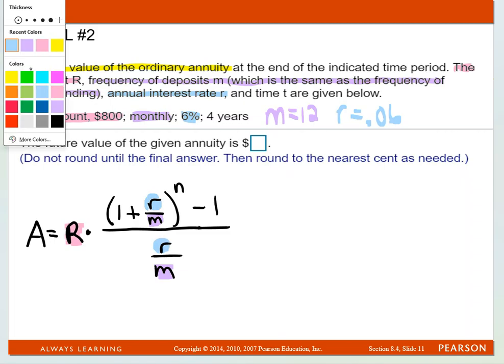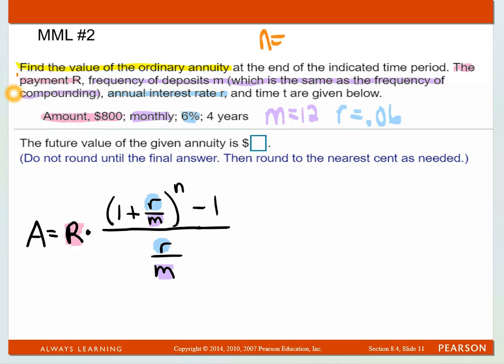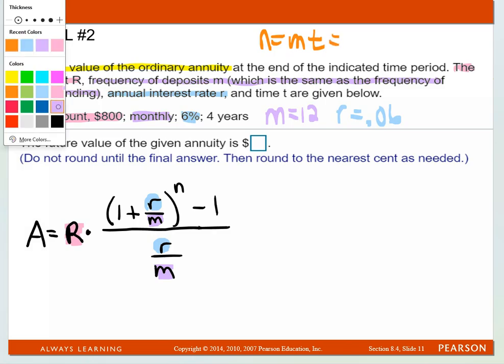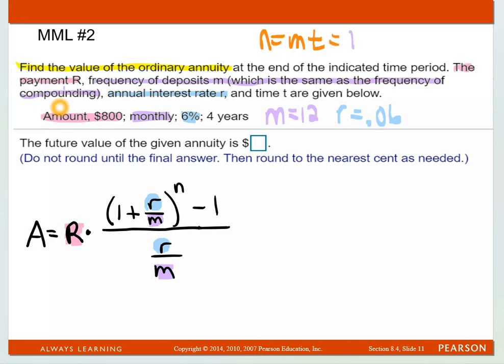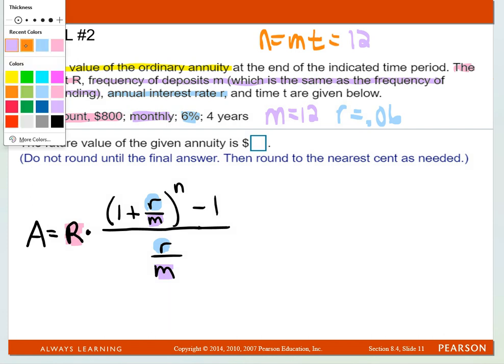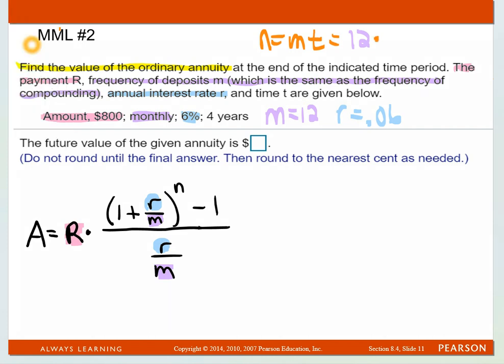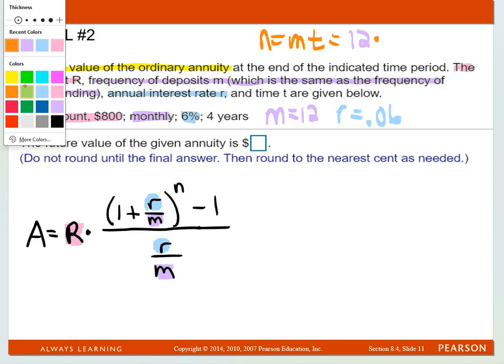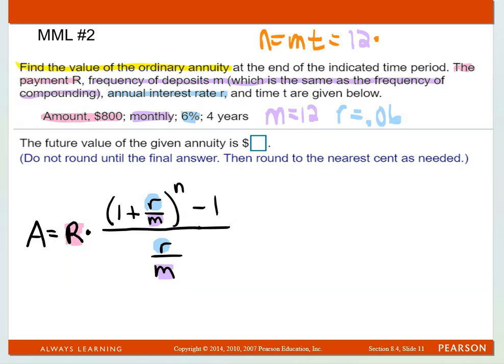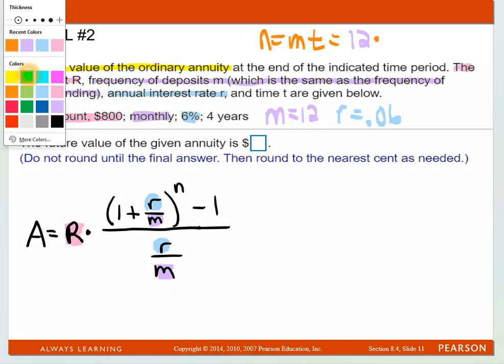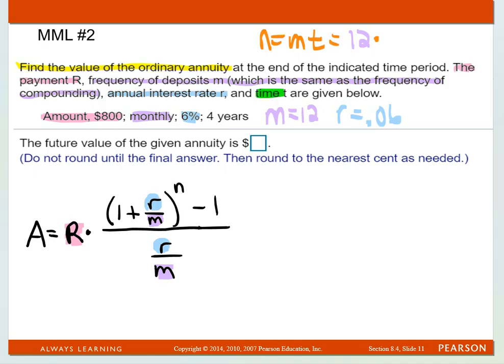And then we have to find N. Remember that N is M times T, and I already know that M is 12, and I have to multiply that times T, and T is the time in years, that's the 4 years right here.